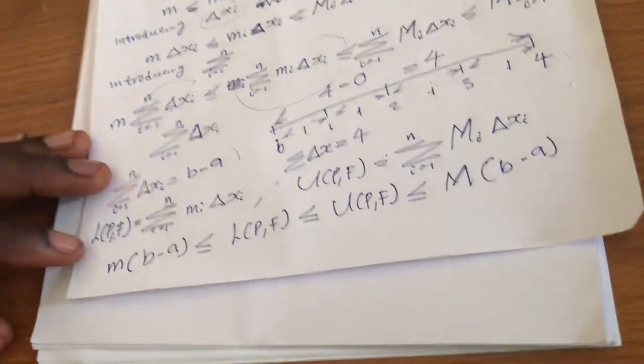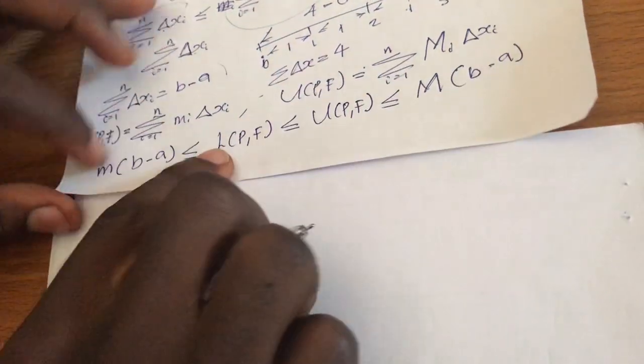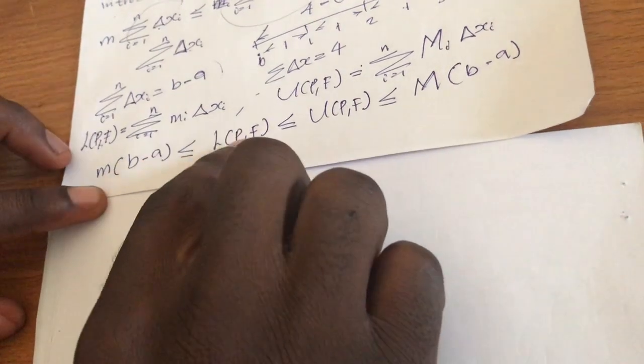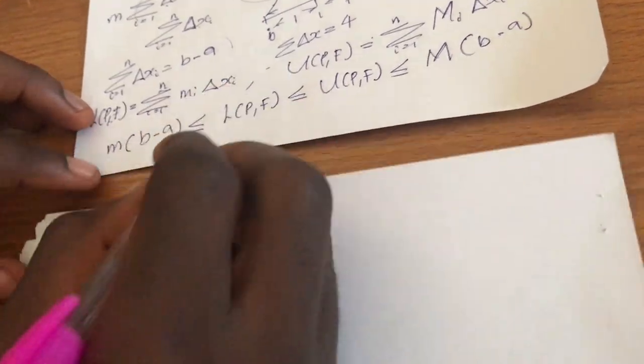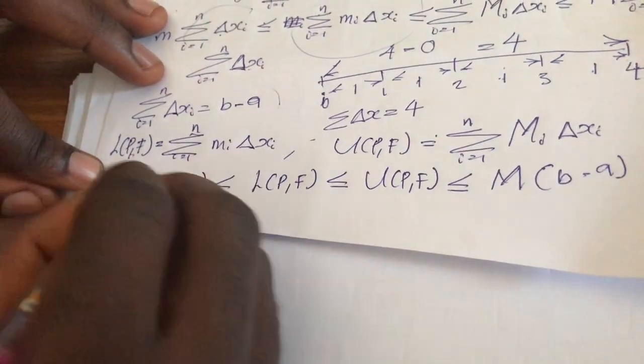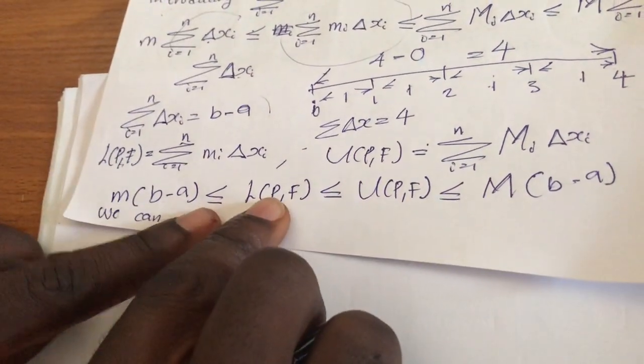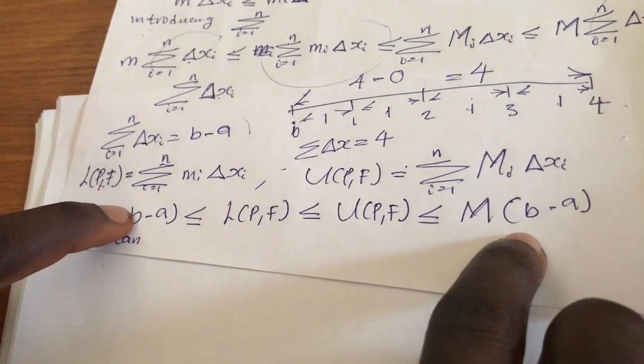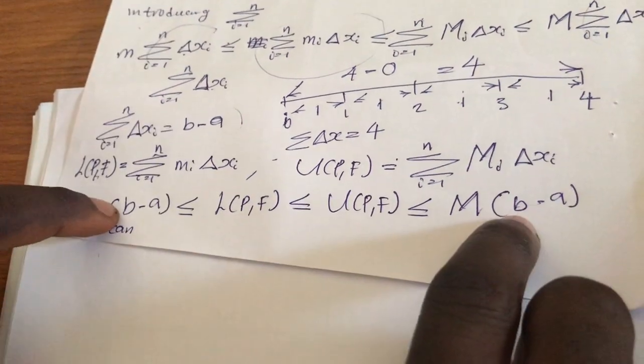Now look at this. Since this is bounded, we can say easily from here, because they are both bounded. This is between an interval. This is also between an interval.